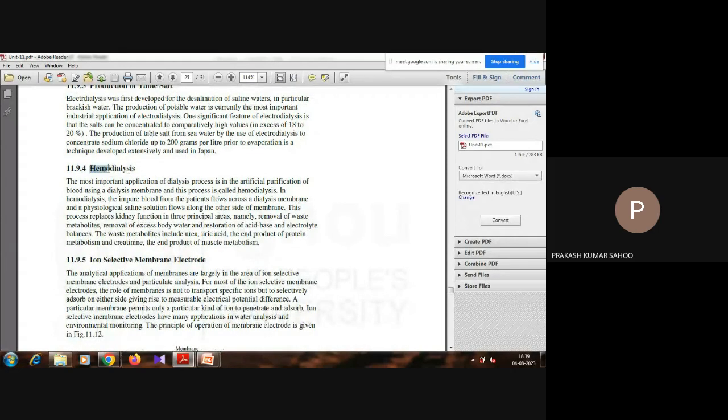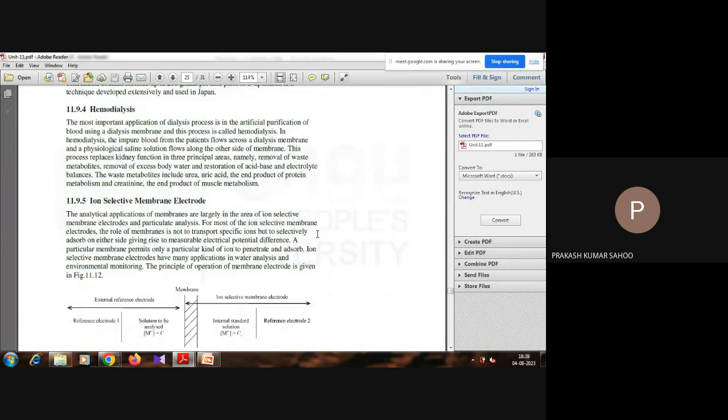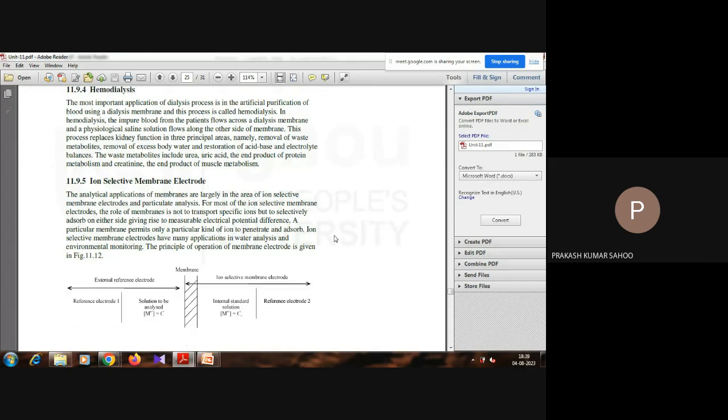This is the medical application of dialysis, that is transport, exchange or purification of water in kidney disease. We have already discussed this one.